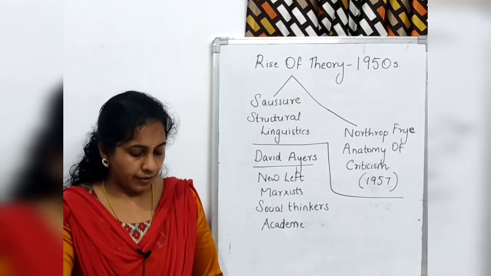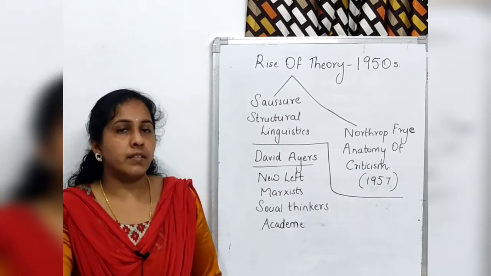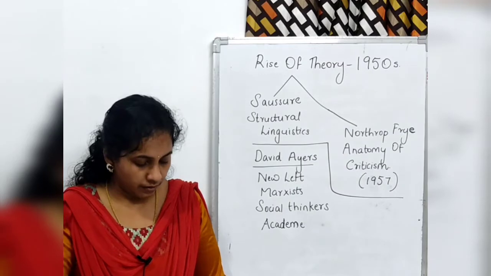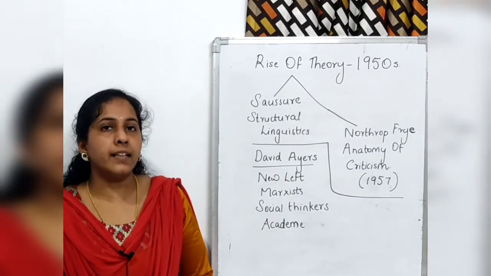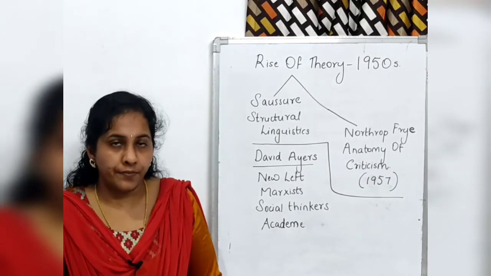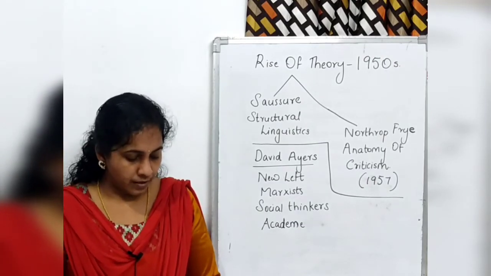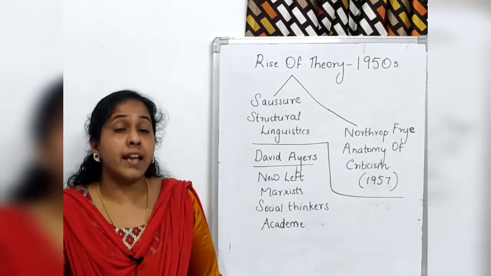Literary historian and critic David Ayers connects the advent of the theory, advent means coming of the theory, with the post-war political developments in England and America, particularly the New Left. The New Left comprised Marxist, socialist thinkers and the academe.